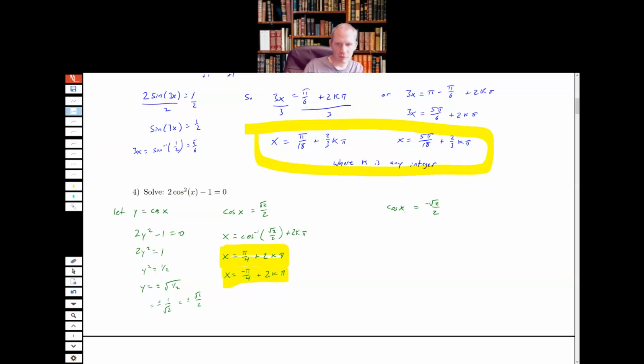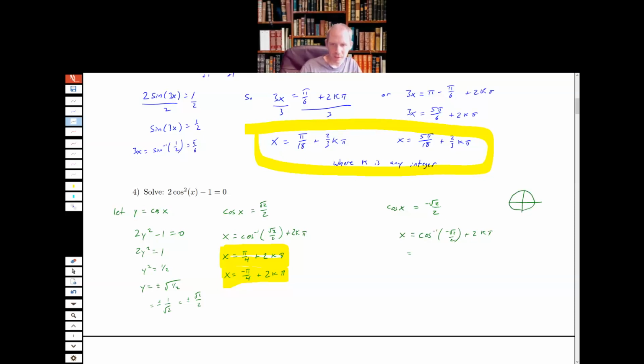All right, now I'm going to solve cosine x equals negative root 2 over 2. So x is cosine inverse of negative root 2 over 2, which gives me, so the way that I think about this one, I think about the unit circle here.